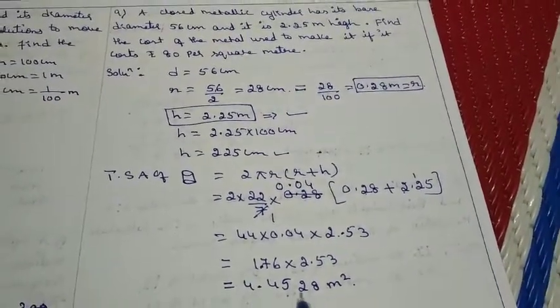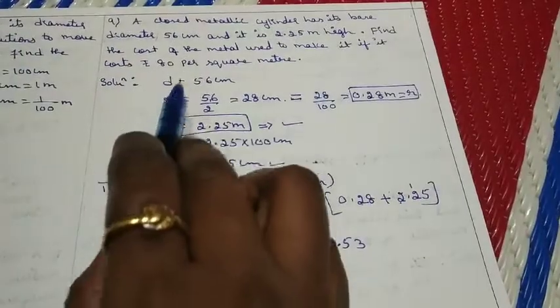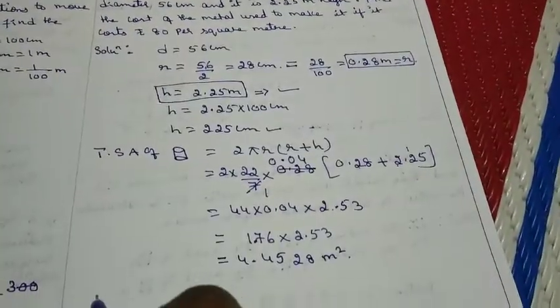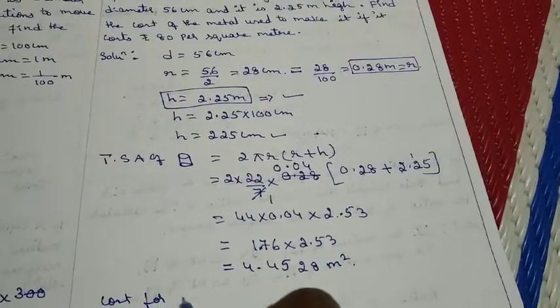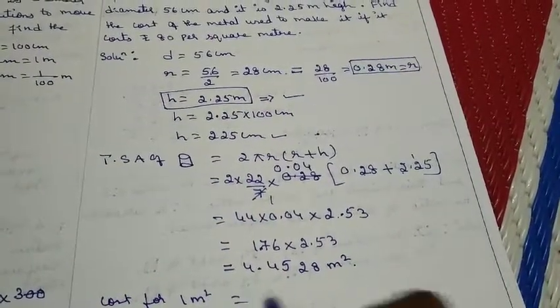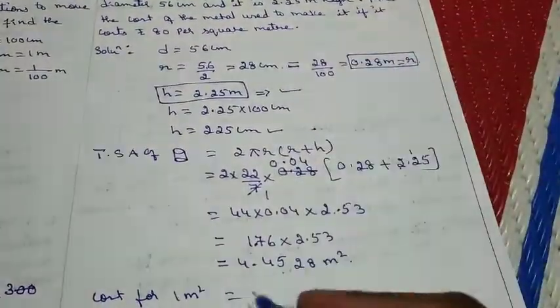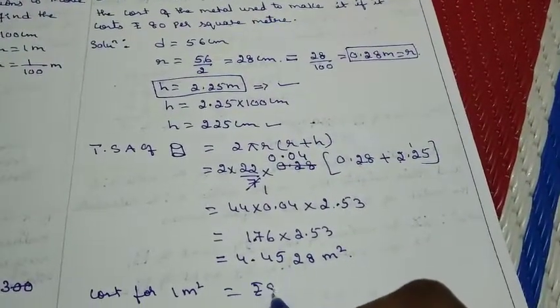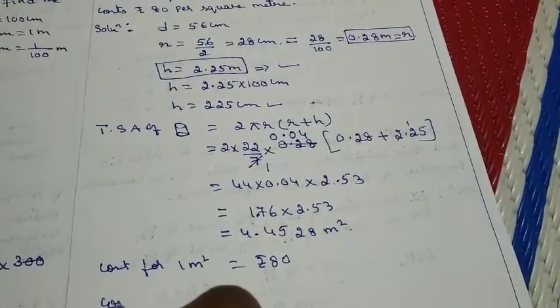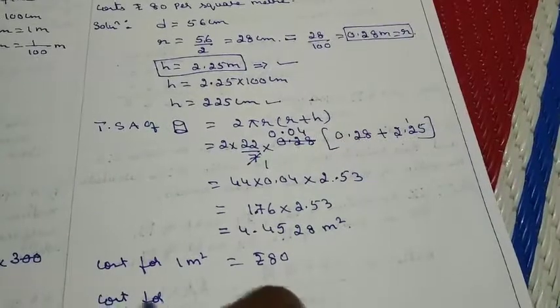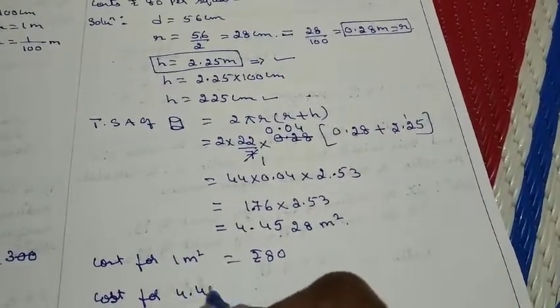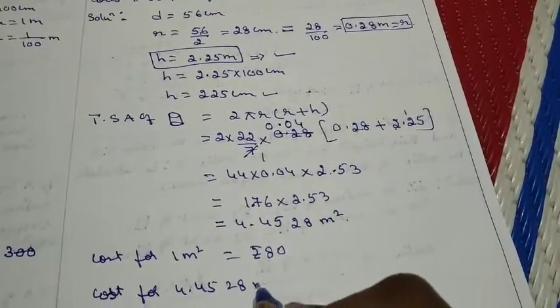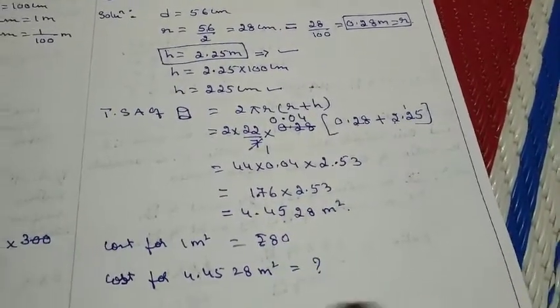The answer did not end till here because he is asking the cost. So cost for 1 square meter is rupees 80, then cost for 4.4528 square meters is equal to question mark.